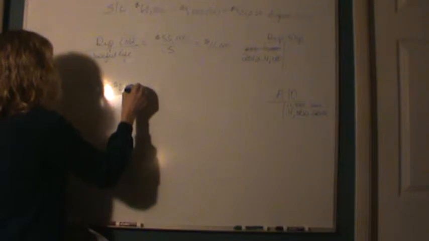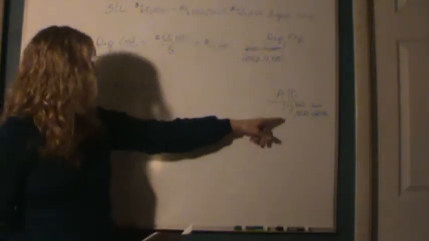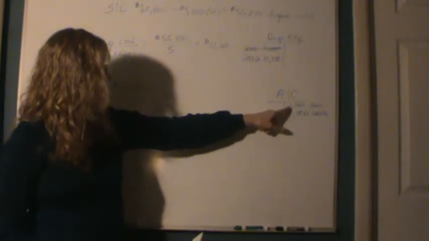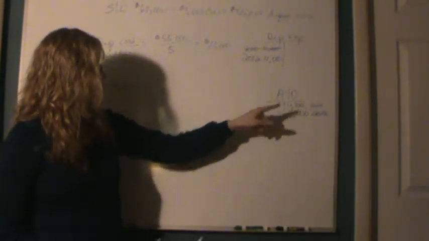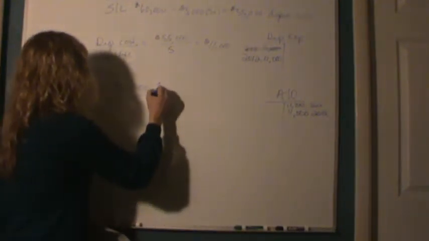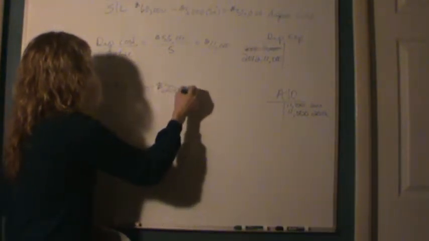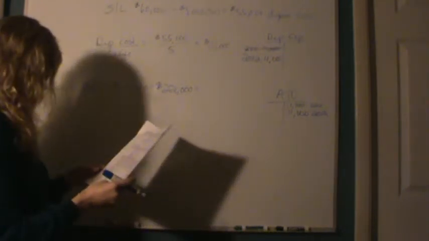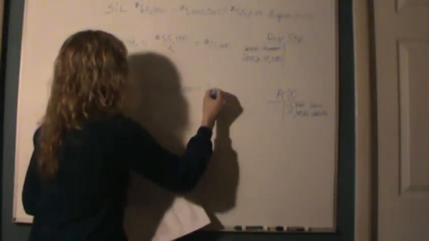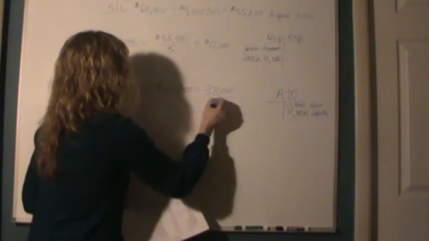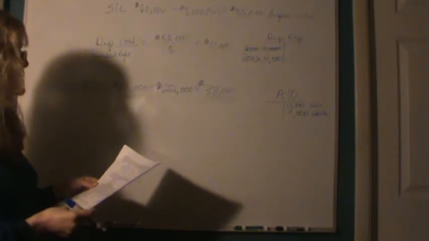To determine that, we take our total cost, $60,000, and subtract how much depreciation we've accumulated so far. At the end of 2012, we've accumulated $11,000 plus $11,000, which is $22,000 of depreciation. So our book value is $38,000.